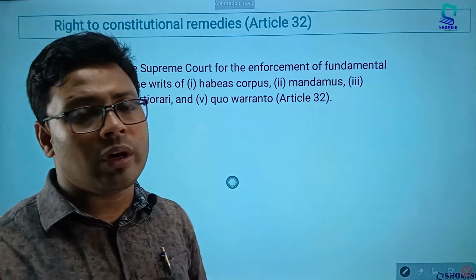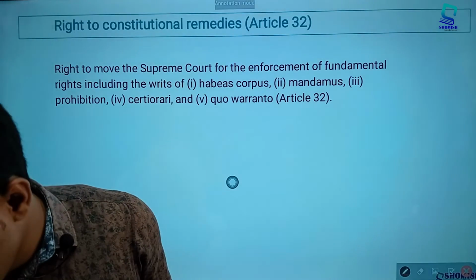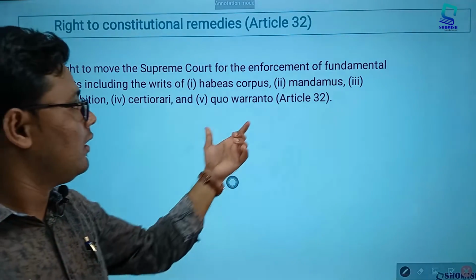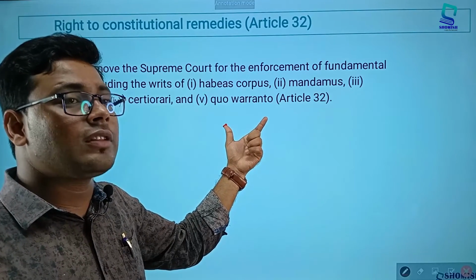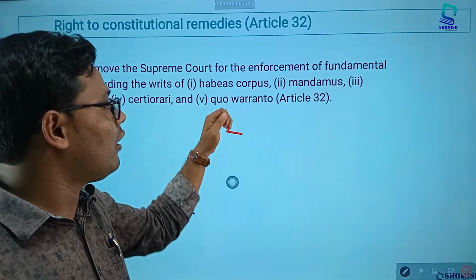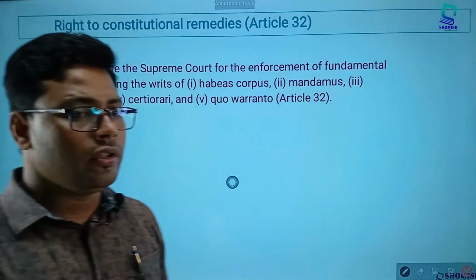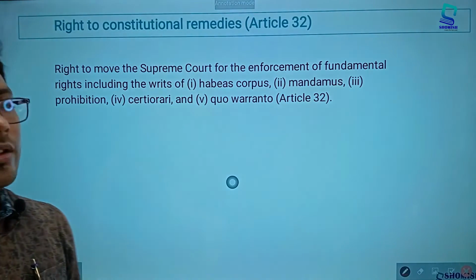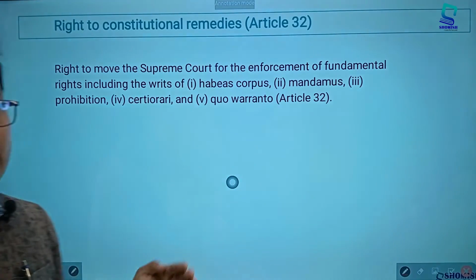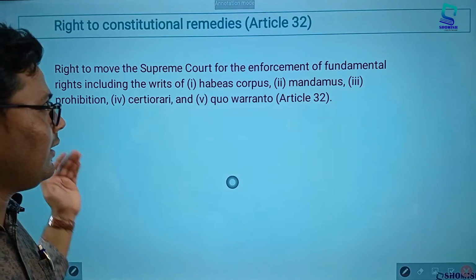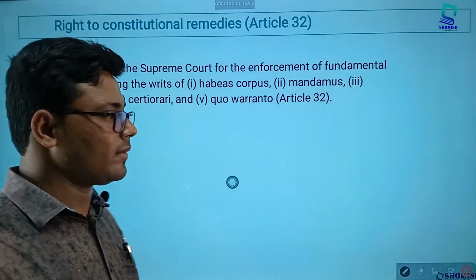And now quo warranto. Quo warranto basically means the court searches the legal entitlement of a party by this jurisdiction. So these are the writ jurisdictions, which come under fundamental rights, and this is our part about fundamental rights.